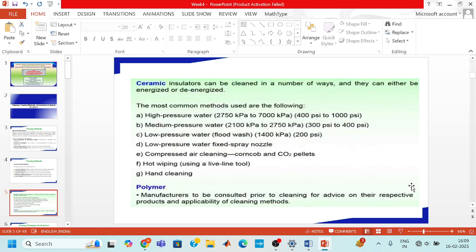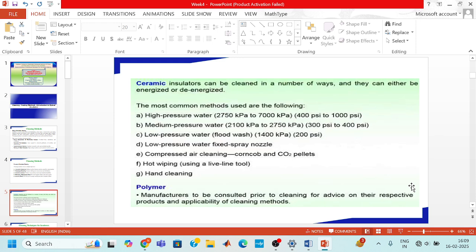Second is medium pressure water, in which the pressure is 2100 kilopascal to 2750 kilopascal. And low pressure water flood wash, at a pressure of 1400 kilopascal. Low pressure water with a fixed spray nozzle can also be used. And compressed air cleaning, where CO2 pellets are absorbed by the insulator surface.